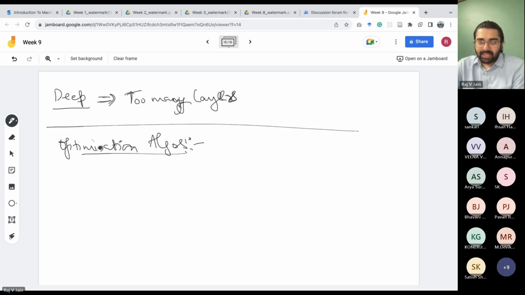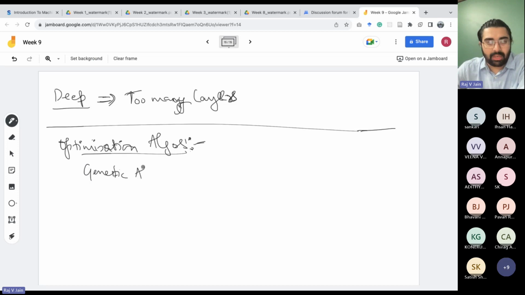Feed forward is just because of the way the connections are made. At least as far as I know, there's no real difference there. You can use different optimization algorithms though. For example, you can use something called a genetic algorithm to find the right weights.